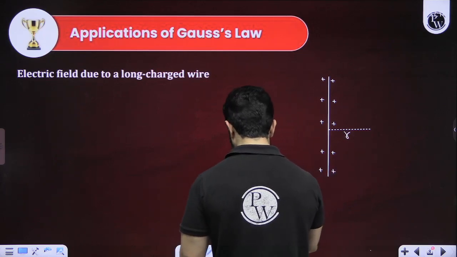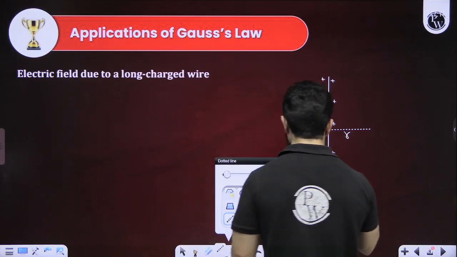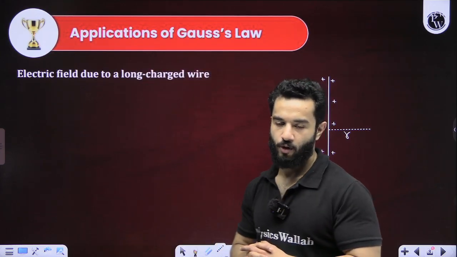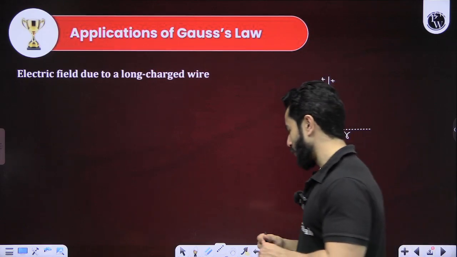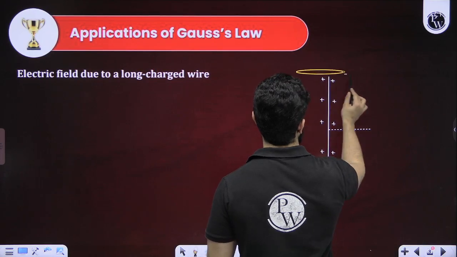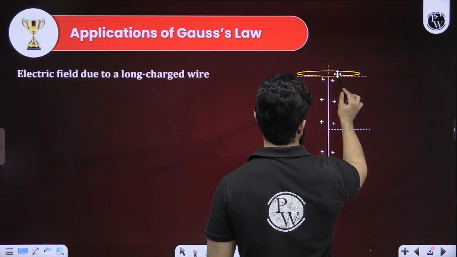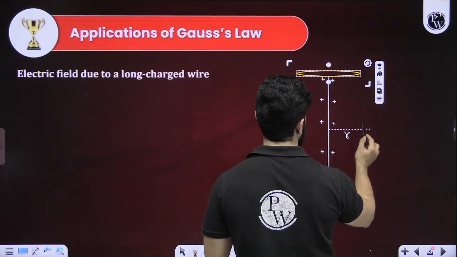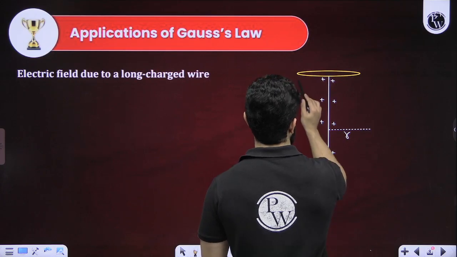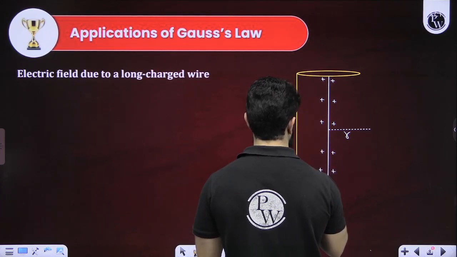So we are going to draw a Gaussian surface. Now there are certain rules of drawing Gaussian surface, and let me tell you what those rules are. Let's imagine a Gaussian surface as a cylinder for this particular case, and we'll actually assume it something like this.